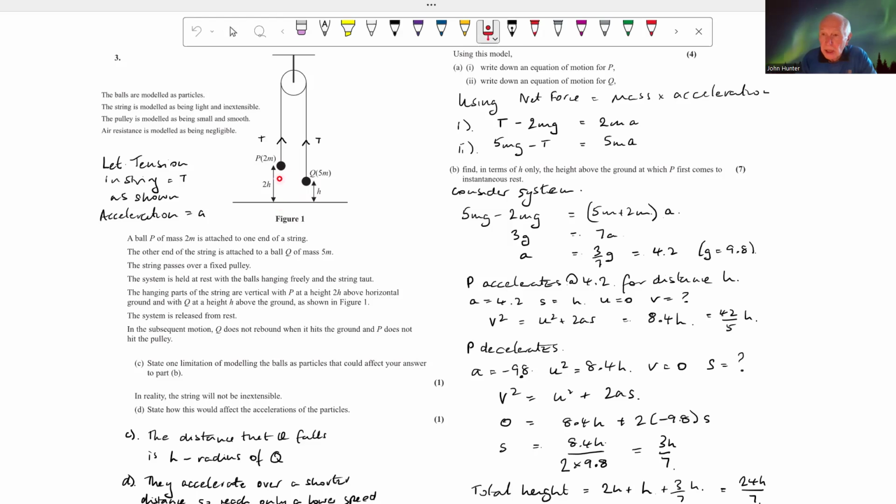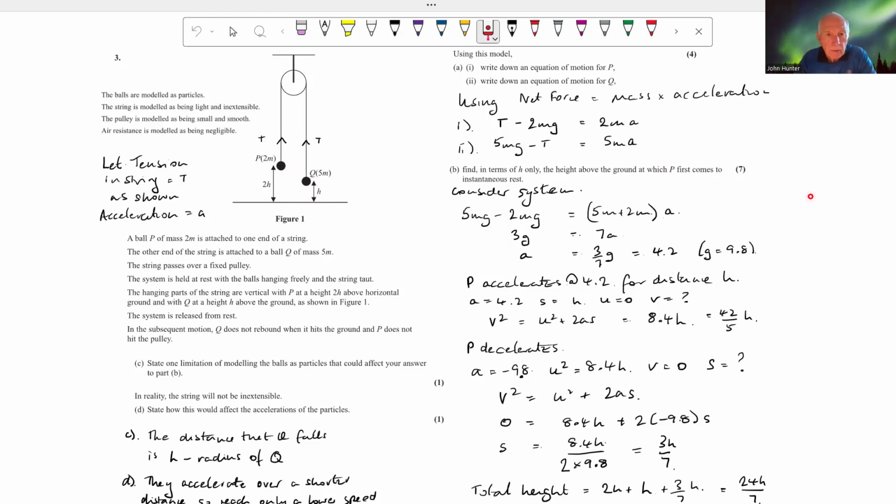Okay, so it's got an acceleration phase through a distance of h, and then a deceleration phase. We know where it starts and we know the acceleration phase, so the challenge is to find the distance it travels in the deceleration phase.